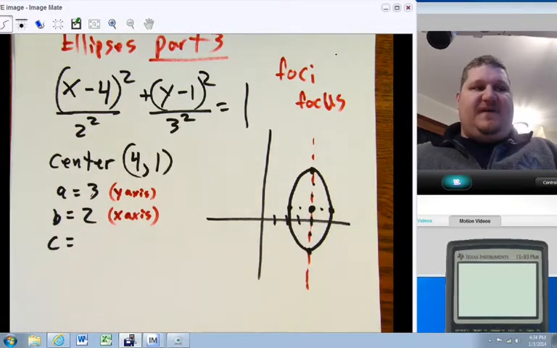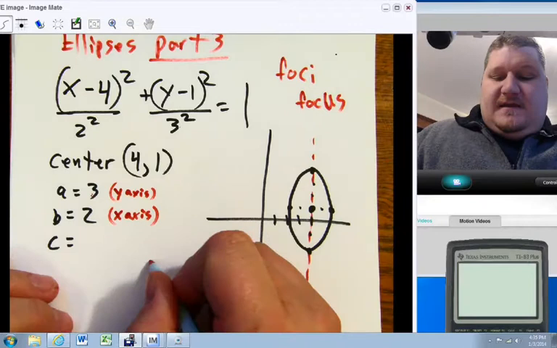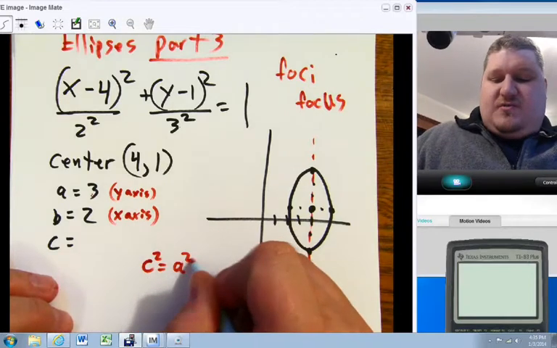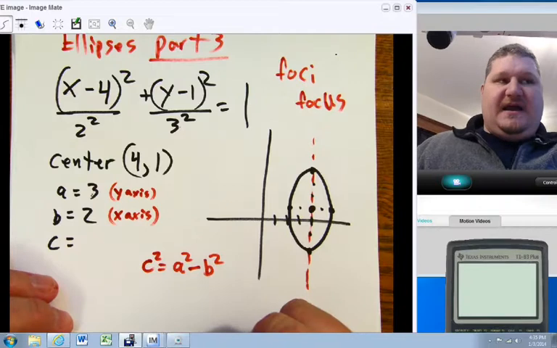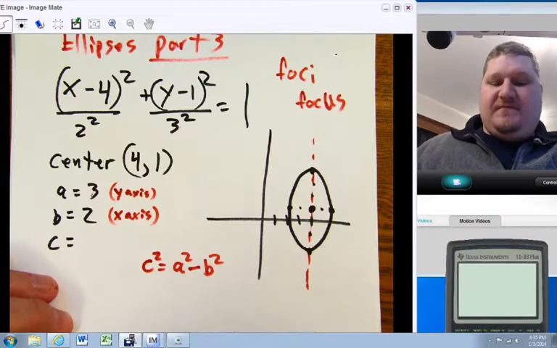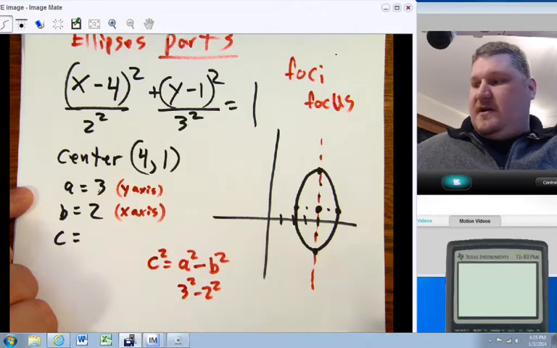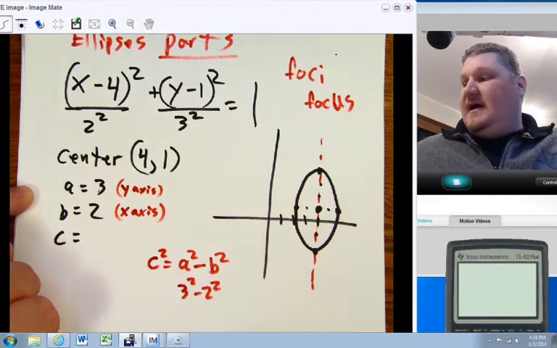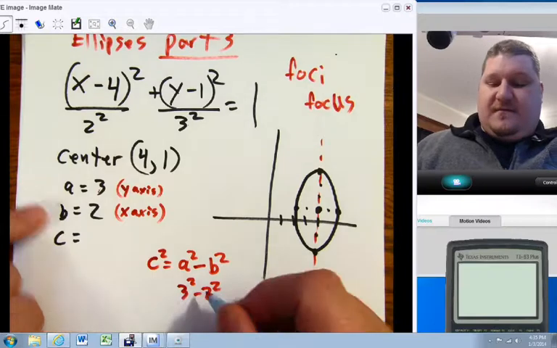To find the foci, we're going to need to use a formula. C squared equals A squared minus B squared. You'll see why it has to be minus in a moment. All we have to do is take 3 squared minus 2 squared and put them into this equation right here.